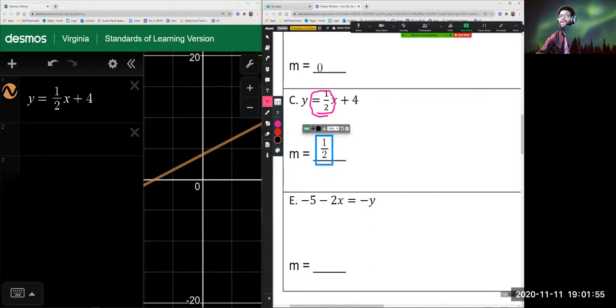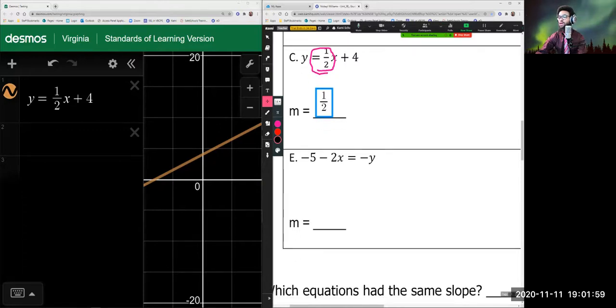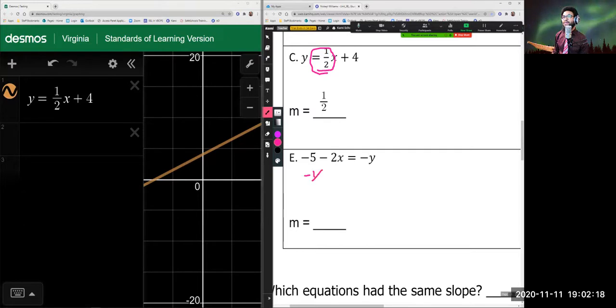If we look at E, this is not in slope-intercept form. So our first step is going to be to put it into slope-intercept form. To put this one into slope-intercept form, we're going to solve for y. And actually, it's nearly solved for y. I'm just going to write this in reverse order. This one has -y equals -2x minus 5.